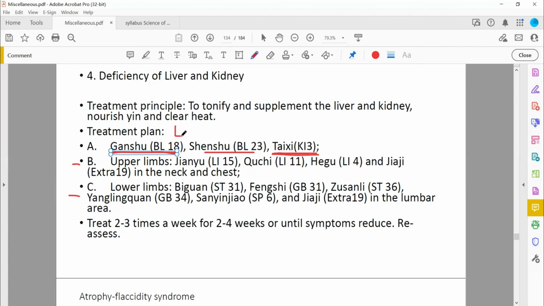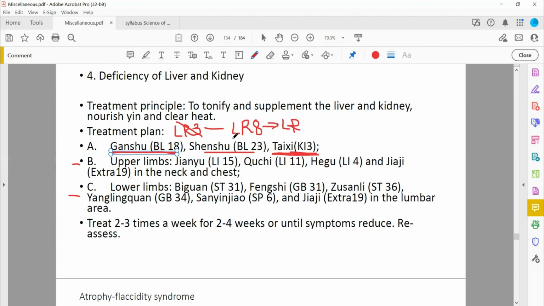That's a very good one, but I need to point out here: Liver 3 is like Kidney 3, the Yuan source point. But for the liver, usually we use Liver 8 instead of Liver 3 to tonify the liver. Liver 3 we use to circulate the liver qi. That's a good point to circulate liver qi.